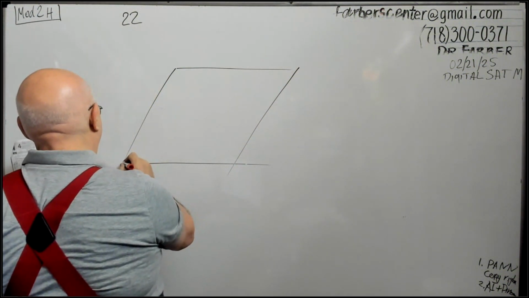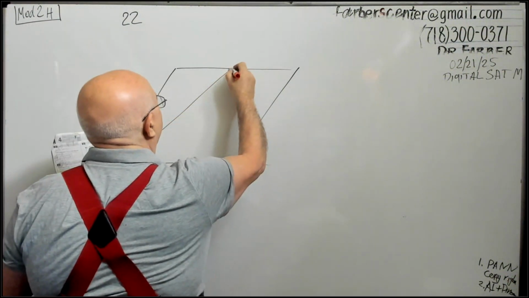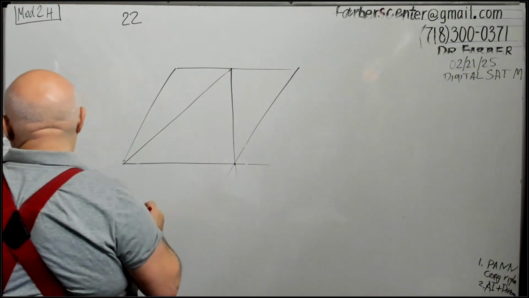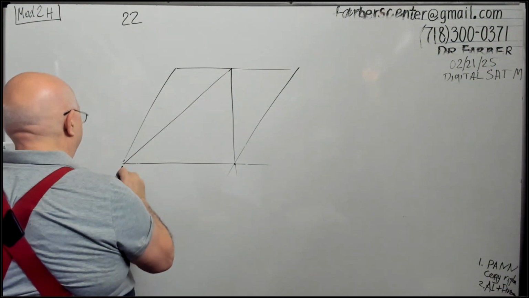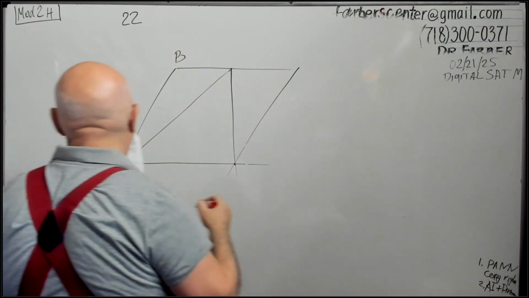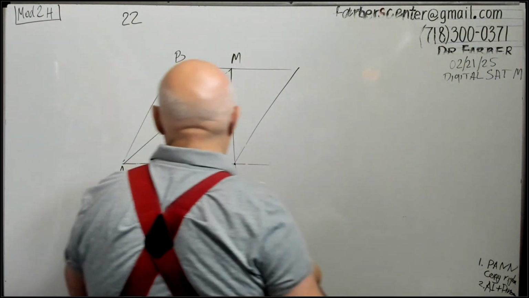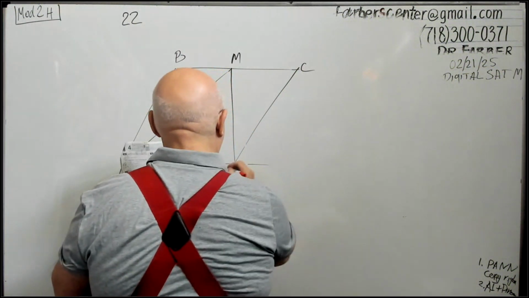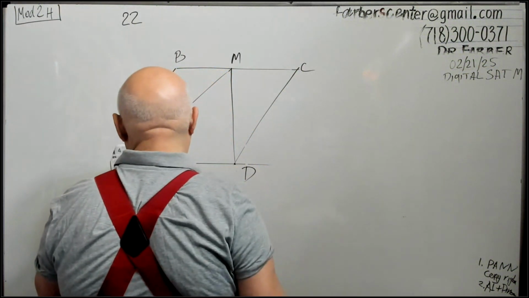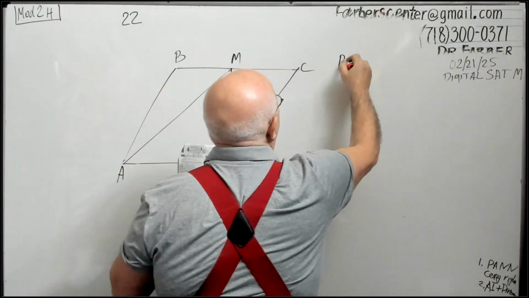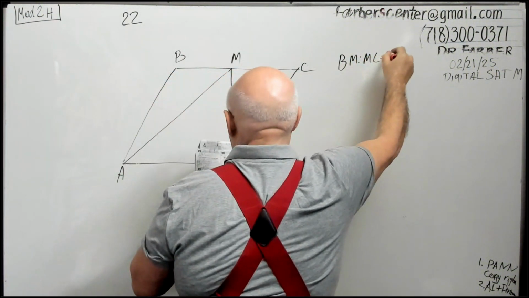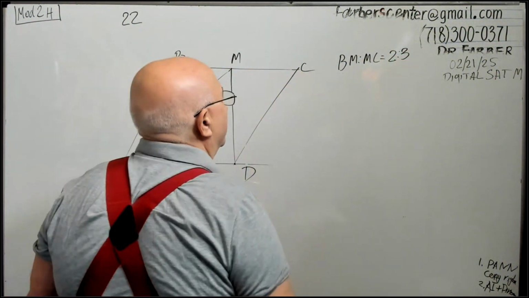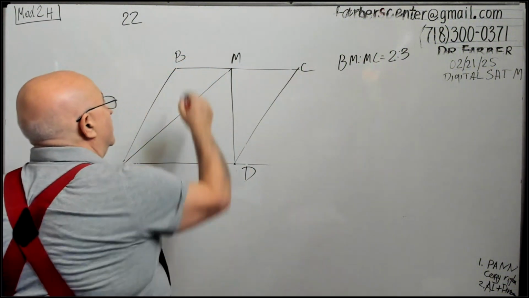And we have A, B, M, C, and D. BM to MC equals 2 to 3. Never just use 2 to 3. Maybe it's 4 to 6. Use the scaling factor: 2x to 3x.